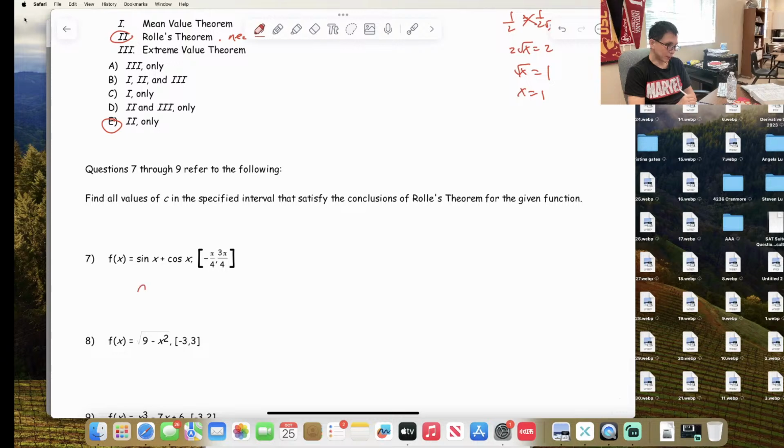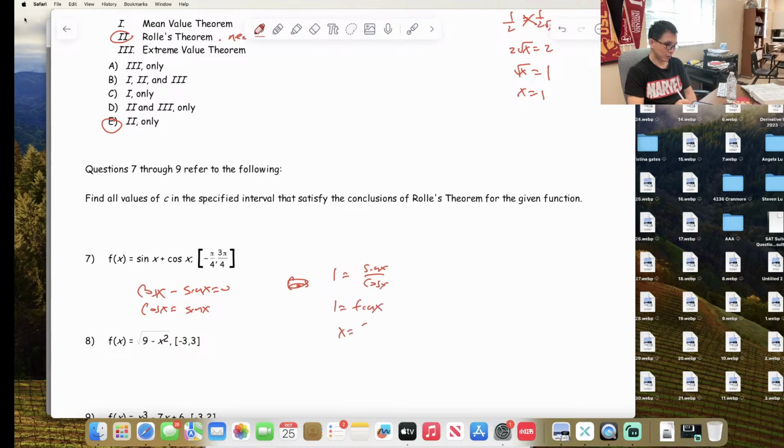So take a derivative, it's going to be cosine of x minus sine of x equal to 0. Cosine of x is equal to sine of x. The only time it happens is pi over 4, but you can divide both sides by cosine of x. Then it's going to be 1 equal to sine of x over cosine of x, and that's 1 equal to tan of x.